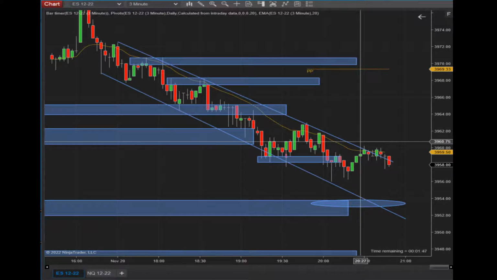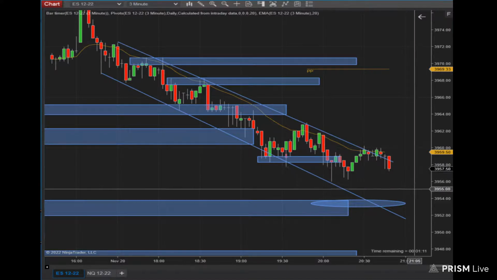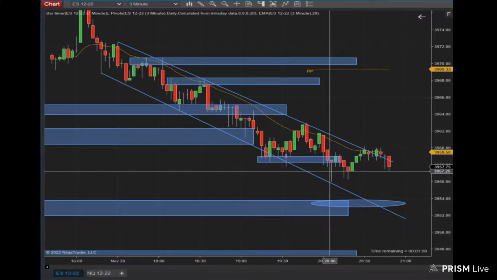Big red candle. Still not showing me anything. Just be patient. See what happens after this candle. See how far it can go.